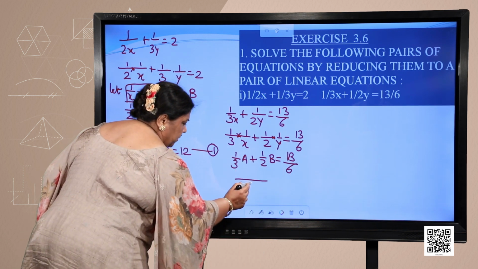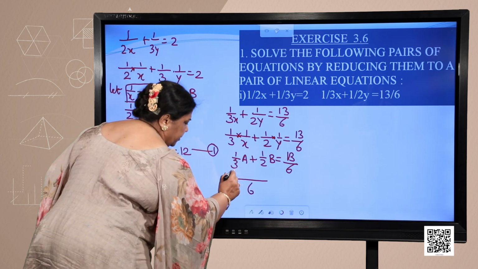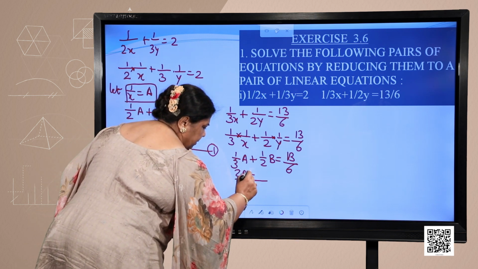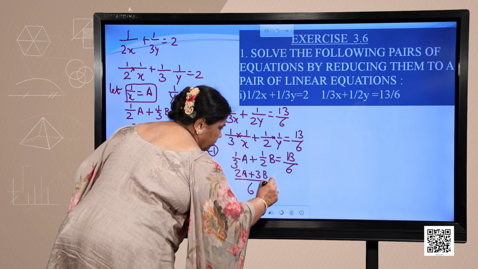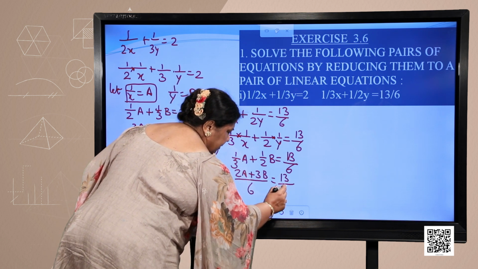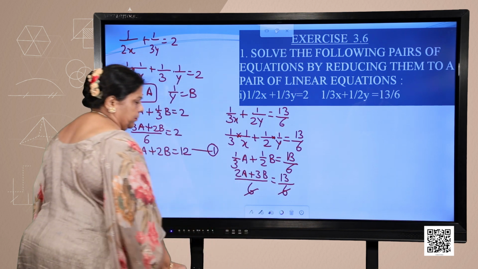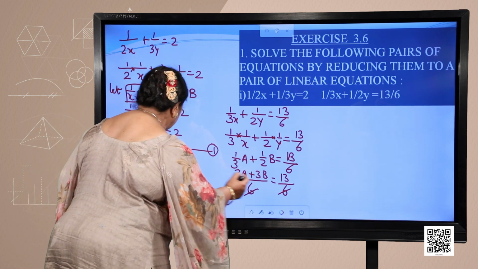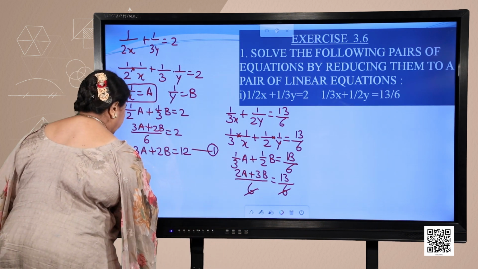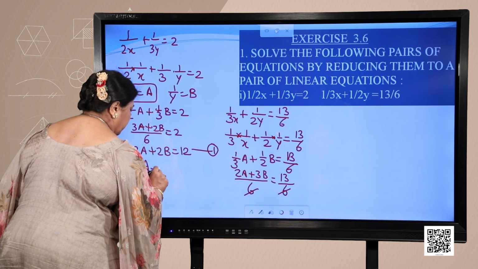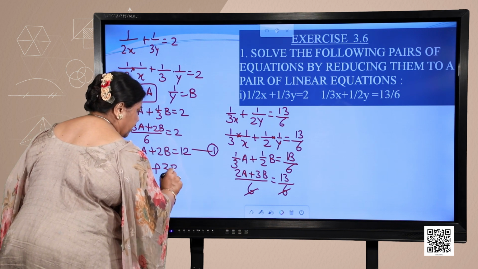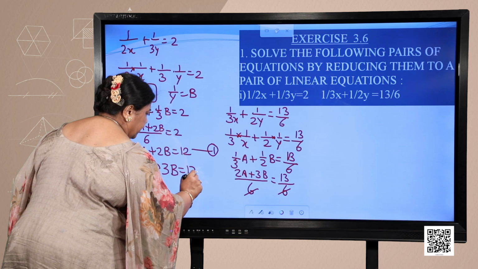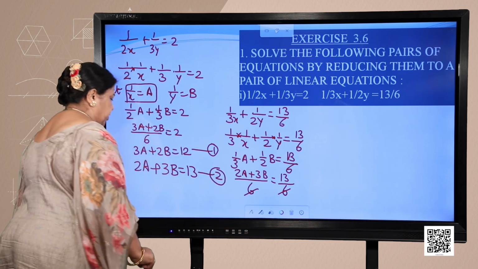Here LCM is 6. So, I get 2a plus 3b is equal to 13 upon 6. 6 gets cancelled. We can cross multiply and my equation becomes 2a plus 3b is equal to 13. These are my two equations.